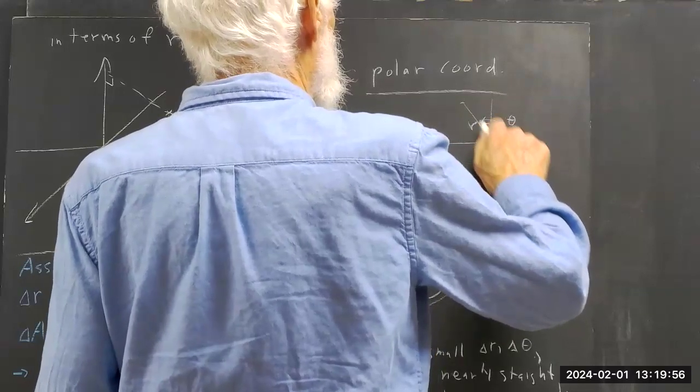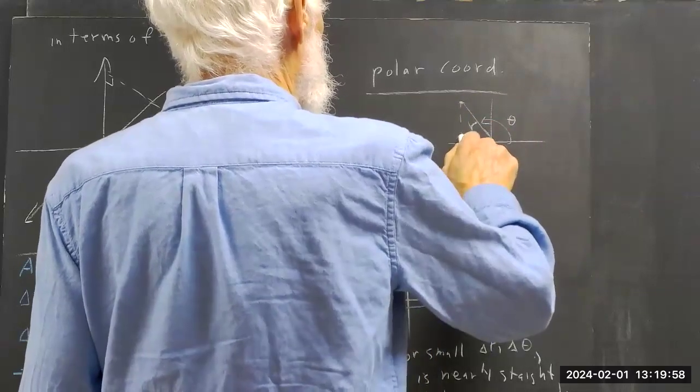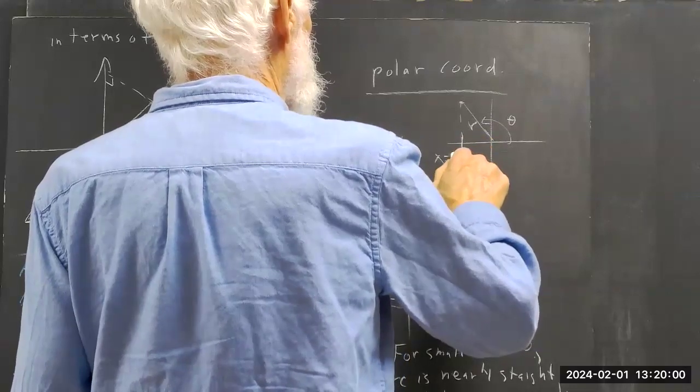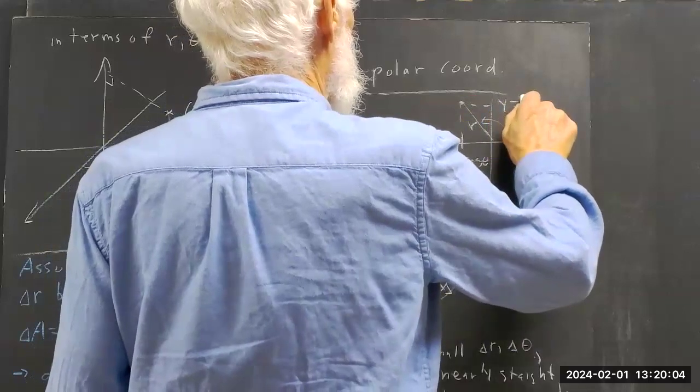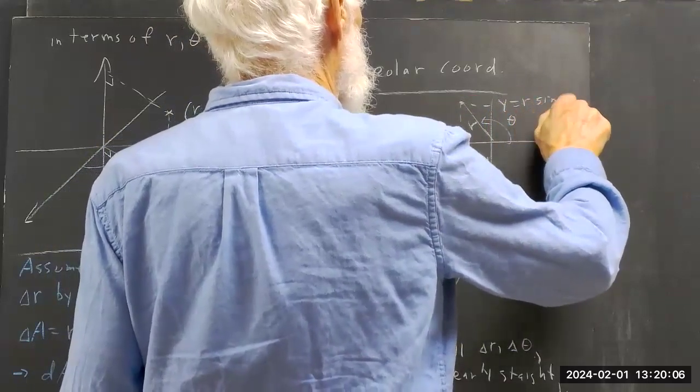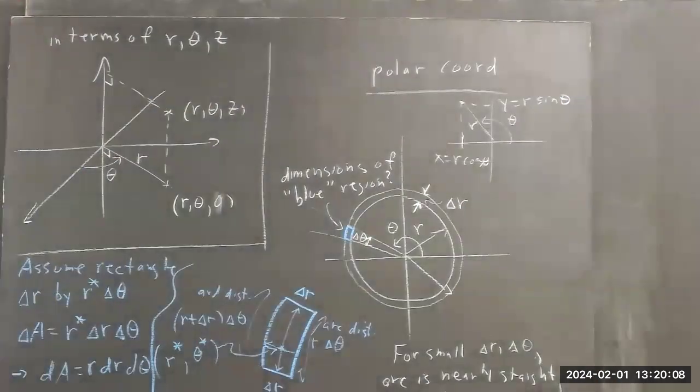This is R, this is theta. Then X equals R cosine theta, and Y equals R sine theta. That's just the definition of sine and cosine.